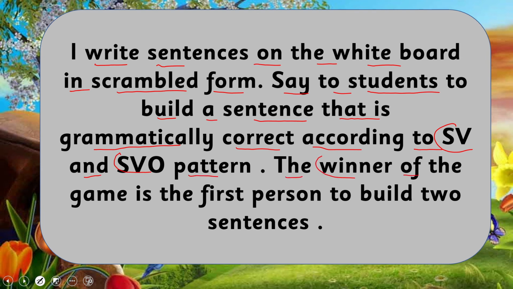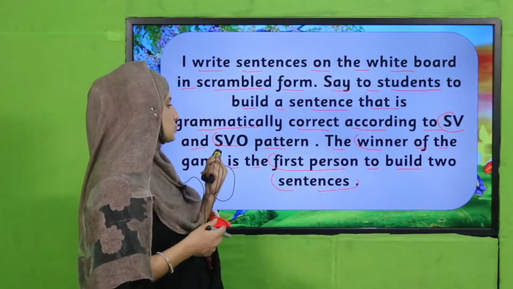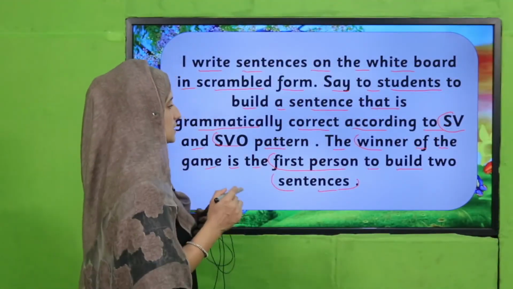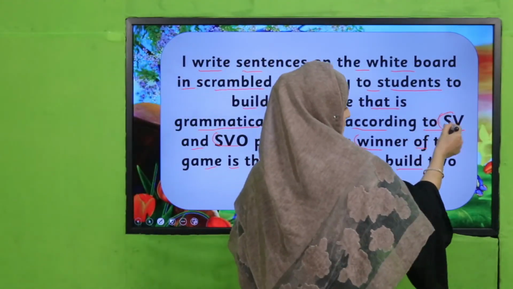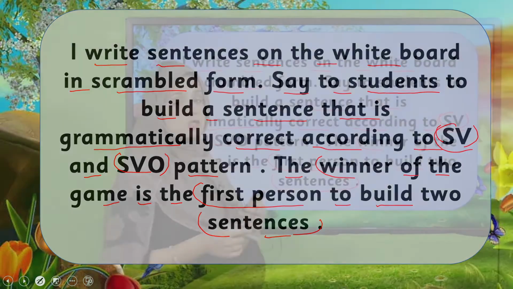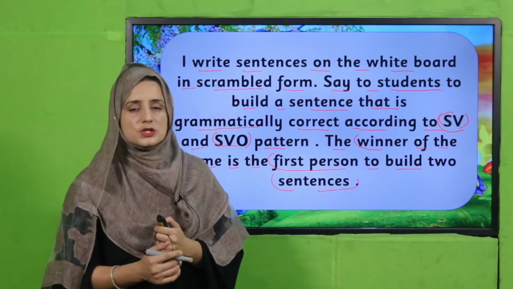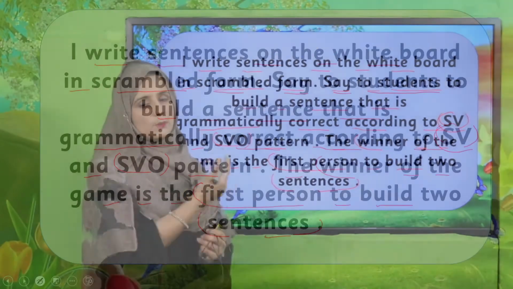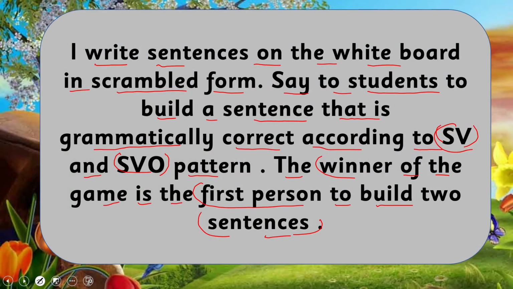The winner of this game is the first person to build two sentences, one according to the SV pattern and the other according to the SVO pattern. Yes, my dear teachers, pause the video and perform this activity in your class.